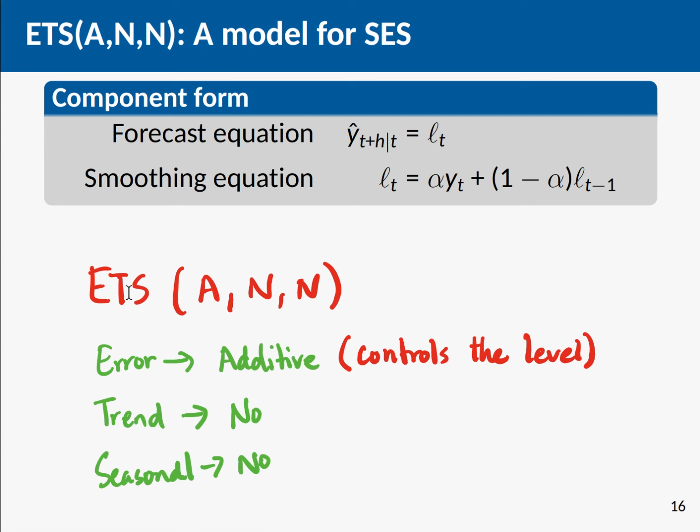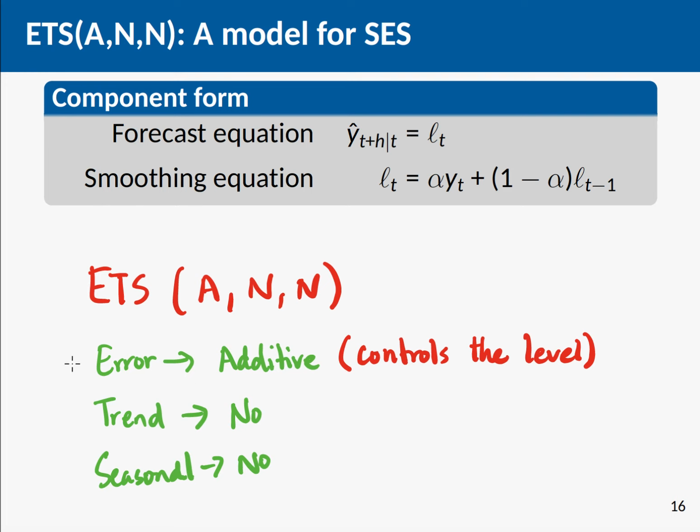The second term, which represents the trend, is going to be either none or additive or something else. And the last term is seasonality. So these three different components are being represented here, and there are numerous combinations that you can imagine that can come up here in your code.